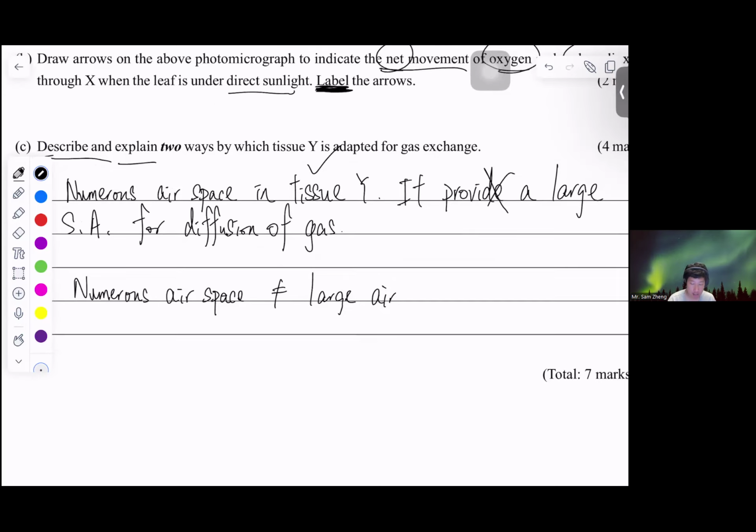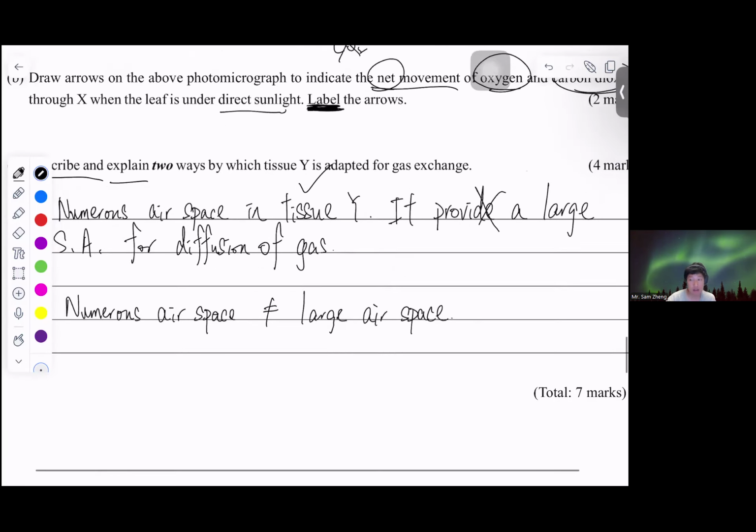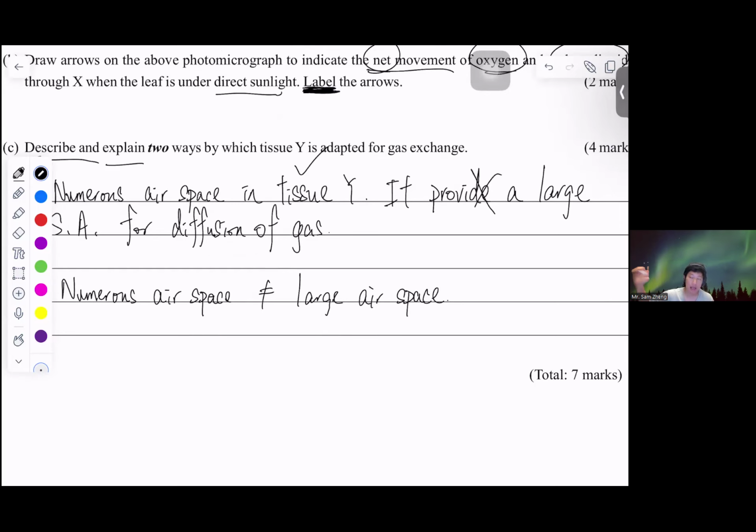But large here means that the airspace inside this tissue is very, very large. There's only one possibility when we say there is a large airspace, which is the floating plant, because it requires the air to provide buoyancy to the leaves. So if you mention large airspace in this question, sorry, no mark will be given.